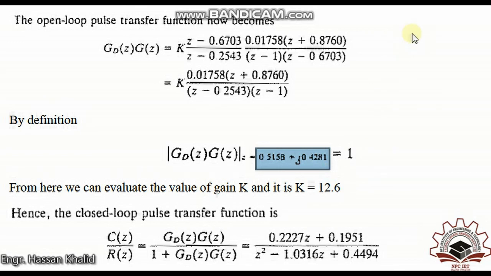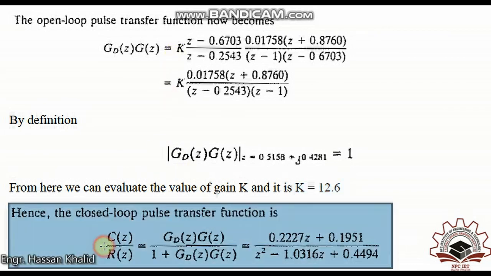That is discussed in the root locus rules for construction. If you place the point P in this open loop transfer function and set it equal to 1, you will easily find the gain K equals 12.6. So this is the complete closed loop impulse transfer function for our given system, having the required controller with all the characteristics defined in the given question.